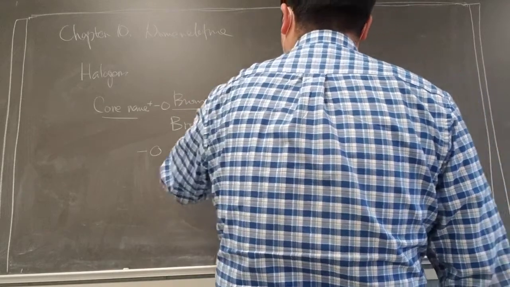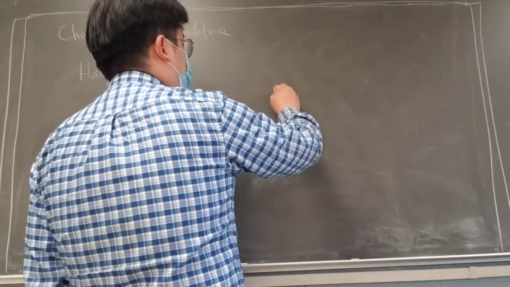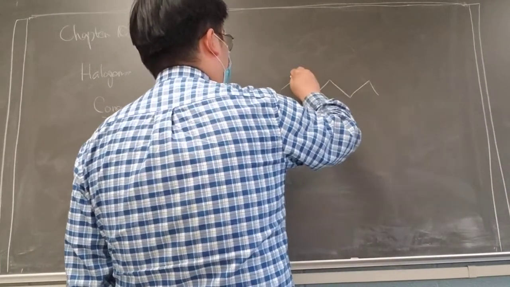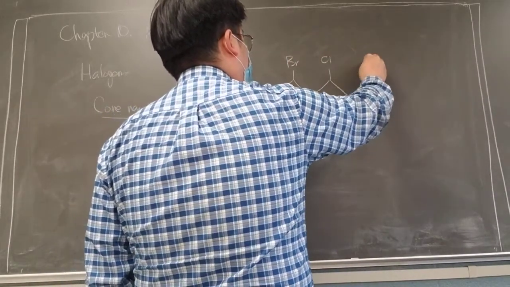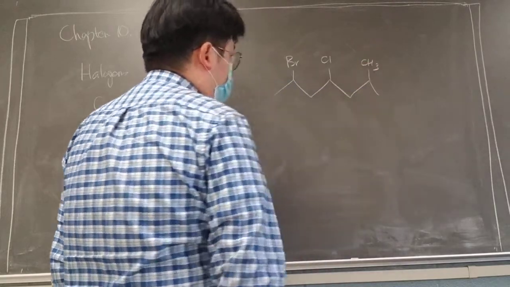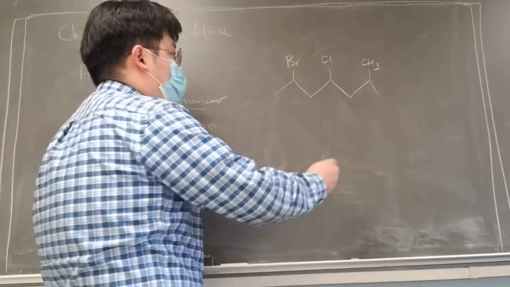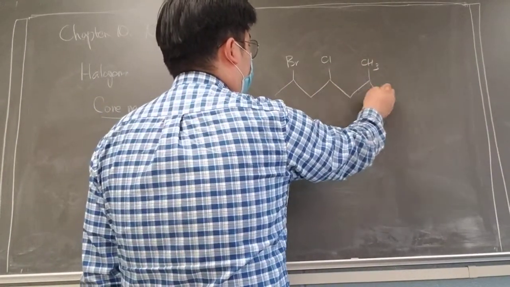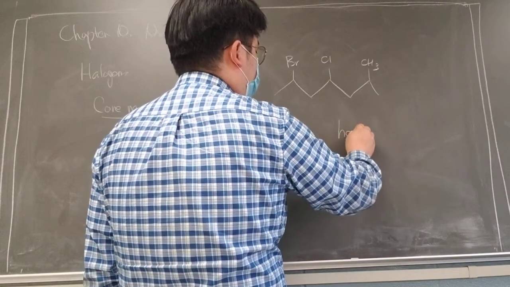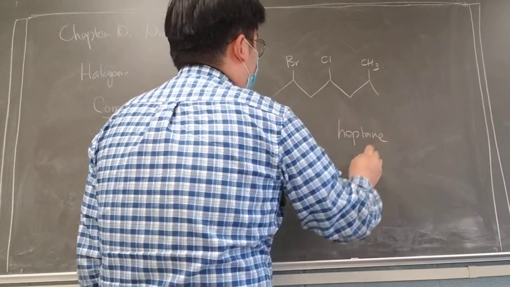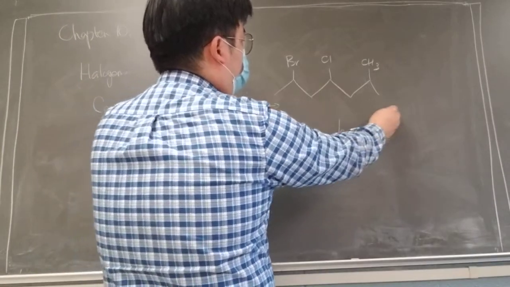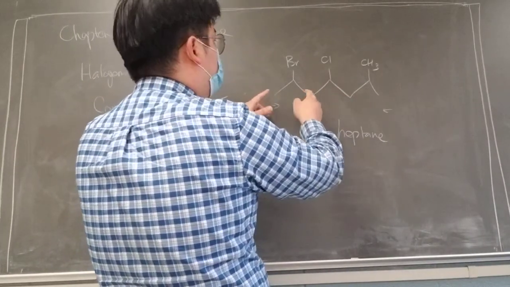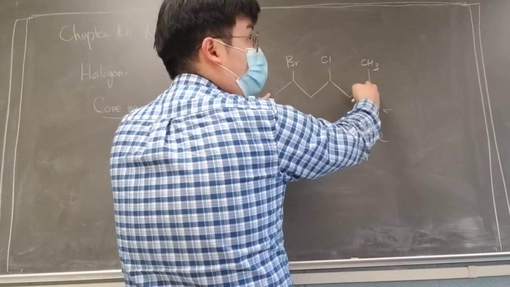There's a couple more things. If you have more than one substituting group like this one, so you have a bromine, chlorine, and a methyl group over here, in this case, what you can do is count the carbons. Either way, if you count the carbon from here or here, it's the same combination: 2, 4, 6.